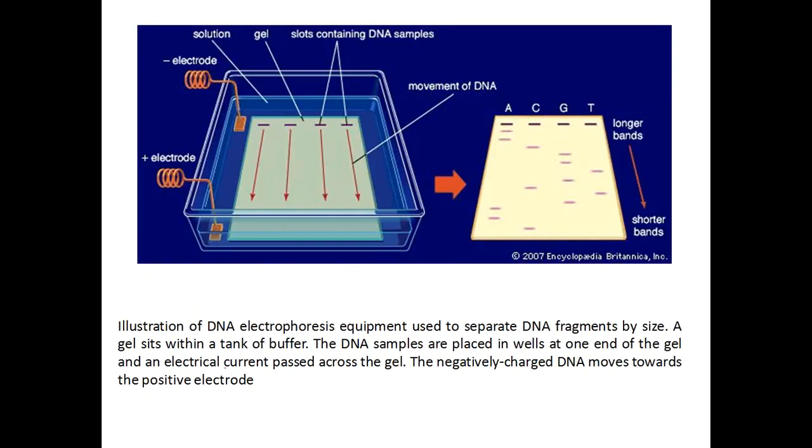This is the gel electrophoresis instrument, where you have a gel electrophoresis plate coated with a gel, either agarose gel or some polysaccharide. You have the two electrodes, the negatively charged electrode and the positively charged electrode, on either side.